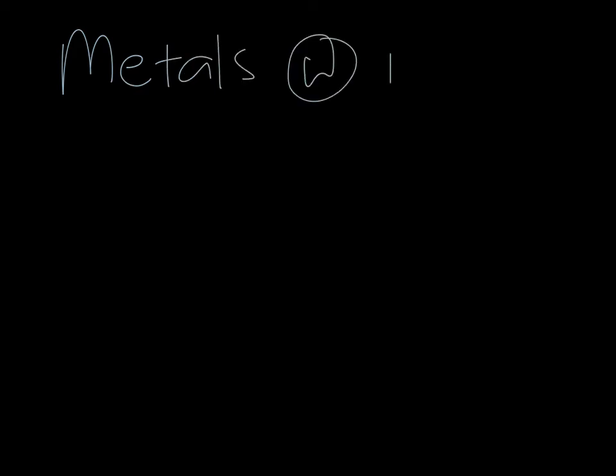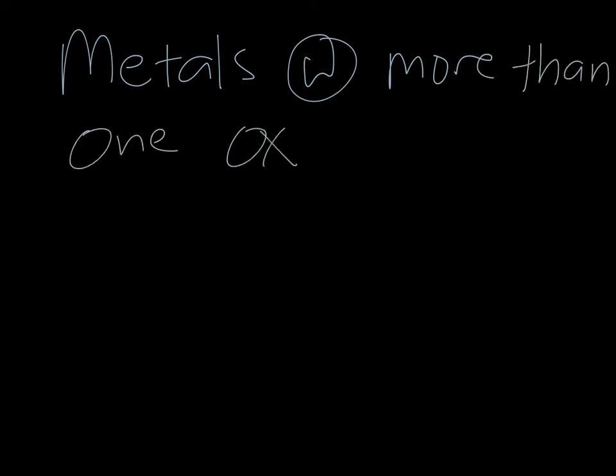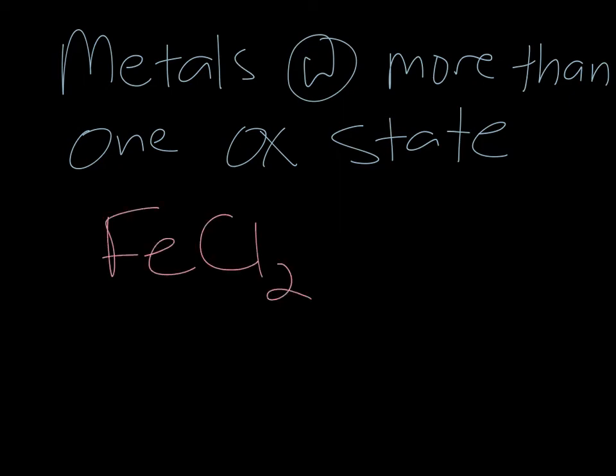There are a few metals that can have more than one oxidation state, which means that we need to note which oxidation state that metal is in the ionic compound. So for example, we could look at FeCl2.